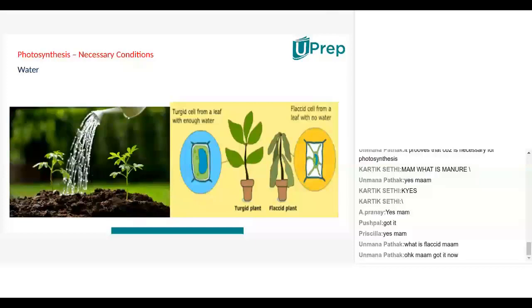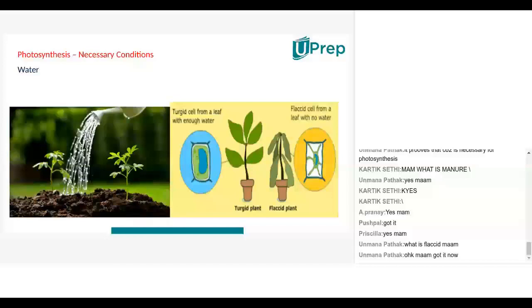This is to prove the activity experiment that the guard cells, the vacuoles which are present inside the guard cells, they always need to be turgid. They always need to have enough water to maintain a turgid pressure within them.